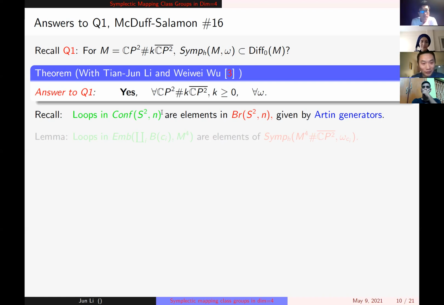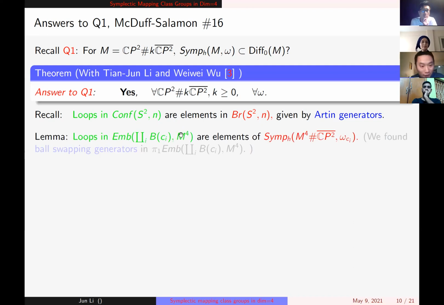So we are basically trying to mimic the dimension 2 ideas, where the braid groups arise as fundamental groups of the configuration space of points on S2. So here we are looking at the space of embedded balls, where our M4 is CP2.